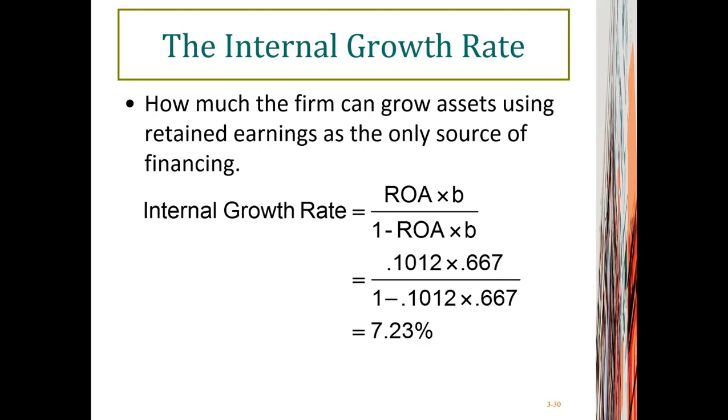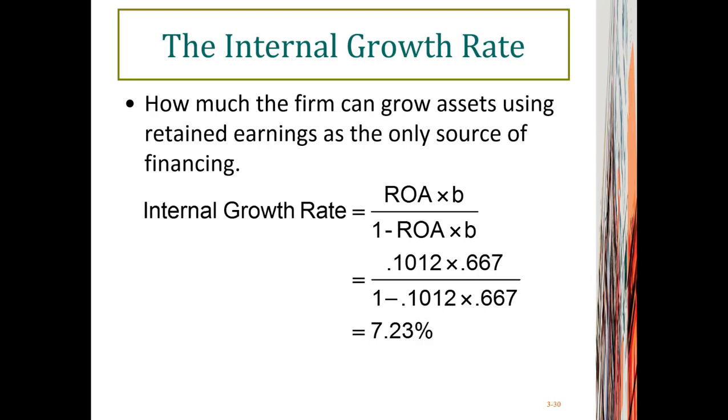The formula shows that the internal growth rate equals ROA times retention ratio, where B is the retention ratio, divided by 1 minus ROA times B. ROA is return on assets, and the internal growth rate will be 7.23%, which means if the company relies on retained earnings for future investment, then the growth rate should be 7.23%.